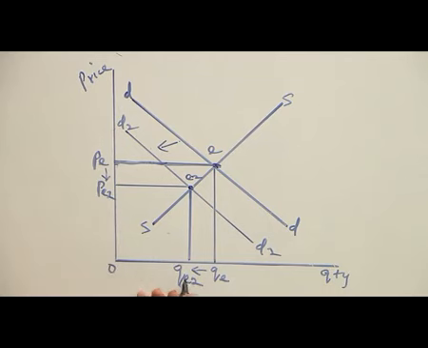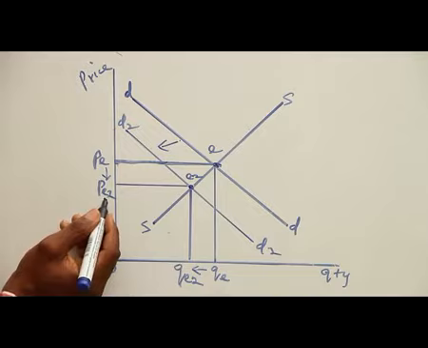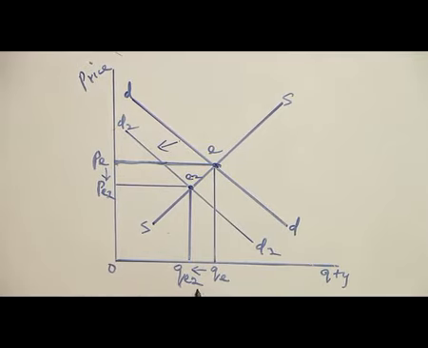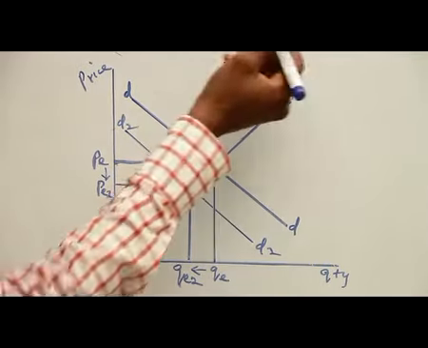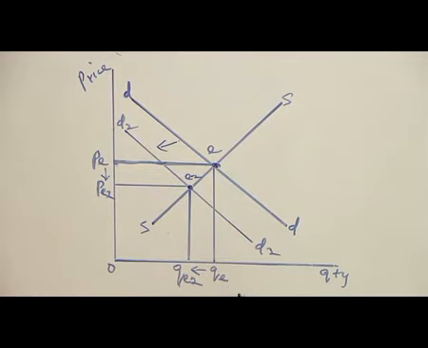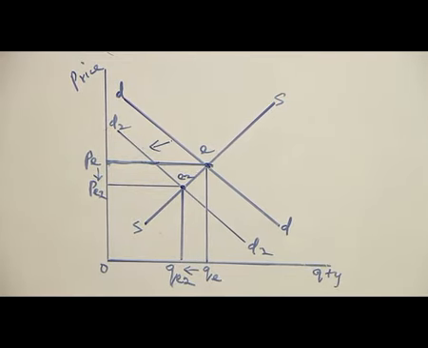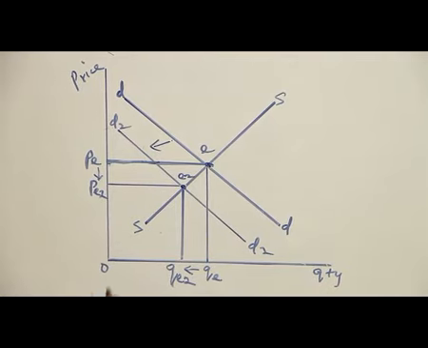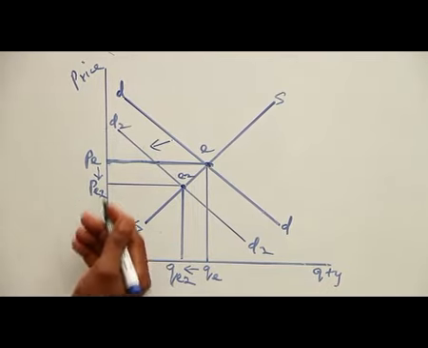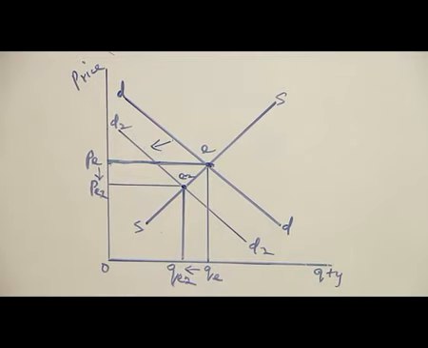So in a nutshell, the new equilibrium price is PE2 and the new equilibrium quantity is QE2 as a result of a decrease in demand. So whenever there is a decrease in demand, having the supply curve constant, both equilibrium price and equilibrium quantity will reduce, as we have observed from the diagram.